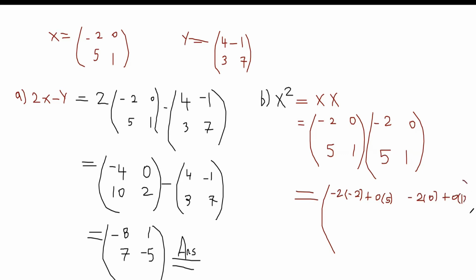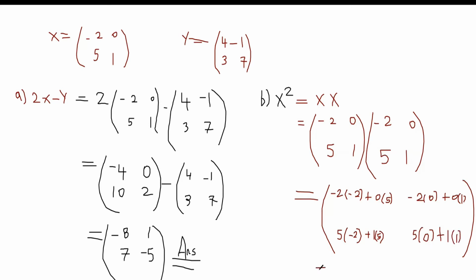Close up that. Element right here now is this row by this column. So it's going to be 5 times minus 2, this row times this column, then plus 1 times 5. Then you got this row by this column, that's now 5 times 0. Then you have plus 1 times 1. That's what you do right there.